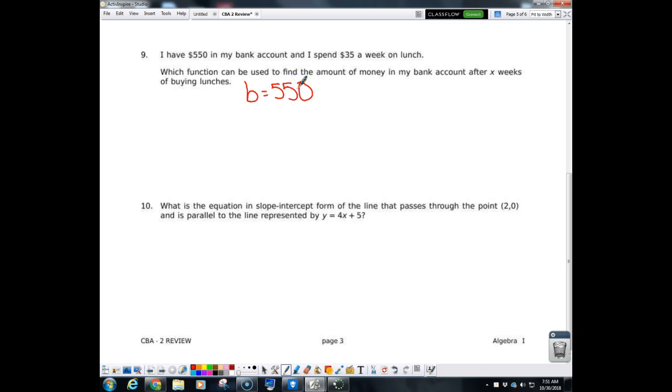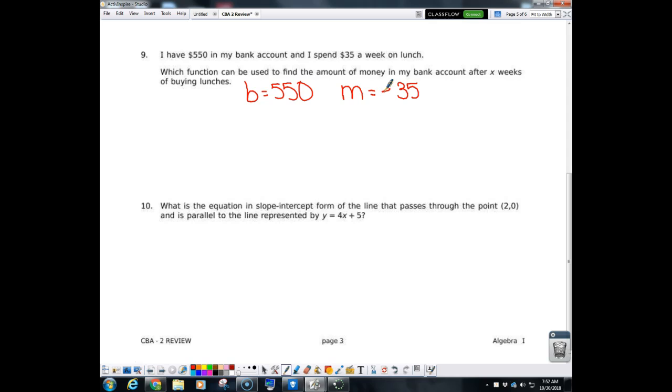Then I spend $35 a week on lunch. 35 a week is another way of saying 35 per week, and remember, per is our slope. So M would be 35. But since I'm spending money, the money is going down, so that would be a negative 35. Then you just plug into y equals mx plus b.